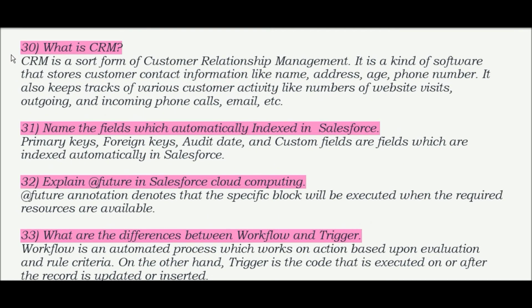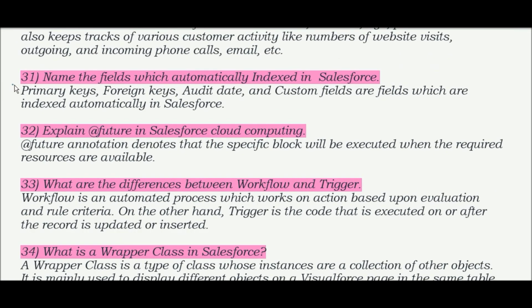Next question. What is CRM? CRM is a short form of customer relationship management. It's a kind of software that stores customer contact information like name, address, age, phone number, etc. It also keeps track of various customer activity like number of website visits, outgoing and incoming phone calls, email, etc. Okay, next question.